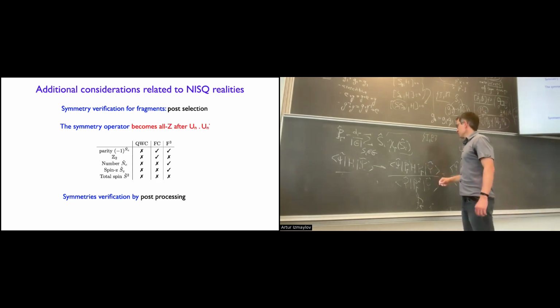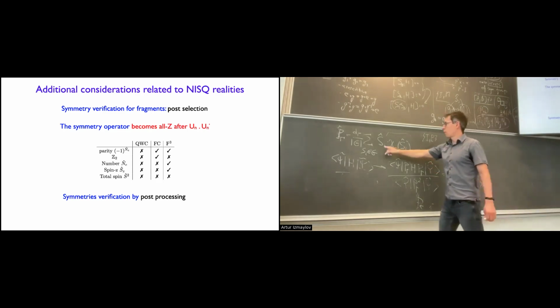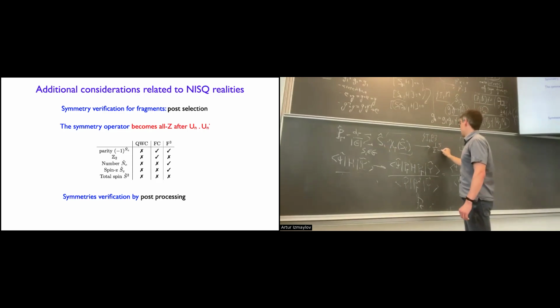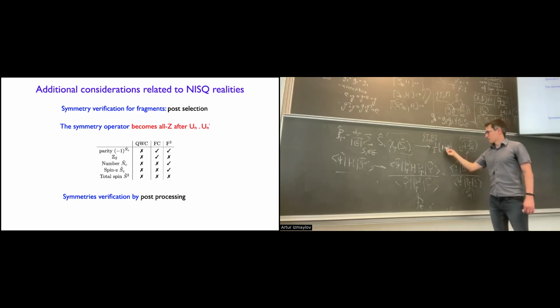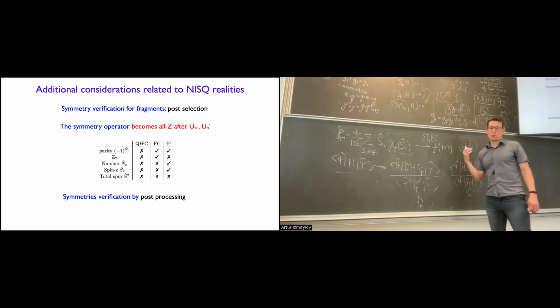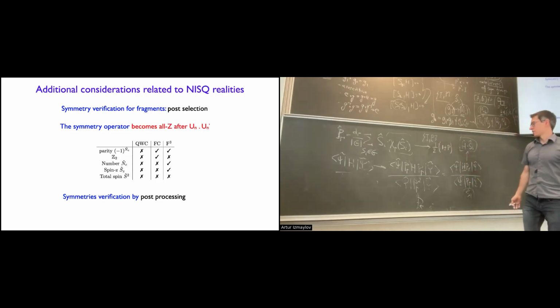Then this formula becomes simply one half, identity plus or minus parity. No sum needed actually. Plus corresponds to the symmetric irreducible representation, and minus corresponds to the antisymmetric.